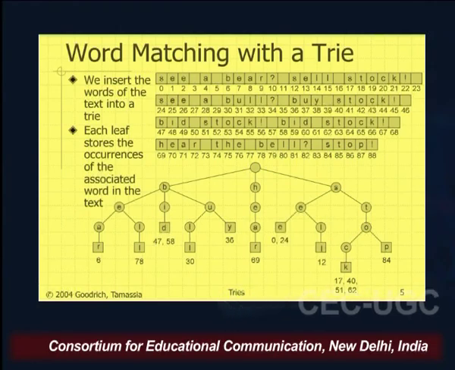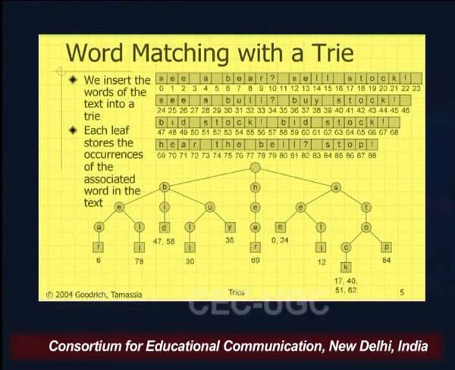So, it starts from 0 and it is coming down to 88, and so total 89 characters are there, and each leaf stores the occurrence of the associated word in the text. So, here if you can see the example which is given on the screen, if you can trace the first path down, that starts from B and then it goes down, and at the last, at the leaf node, you can also see a number.